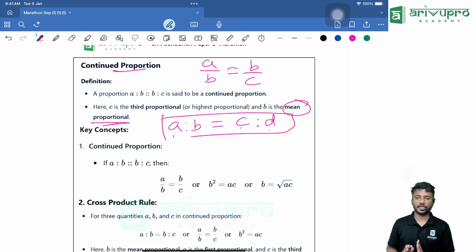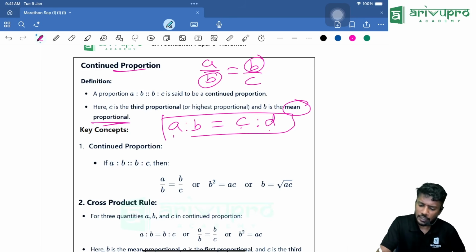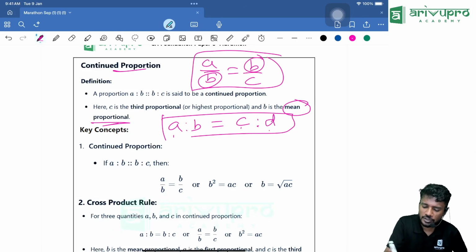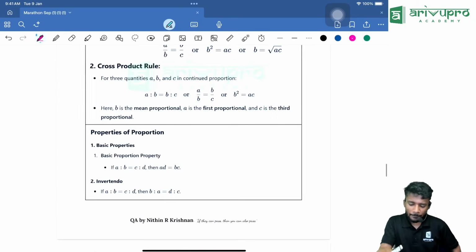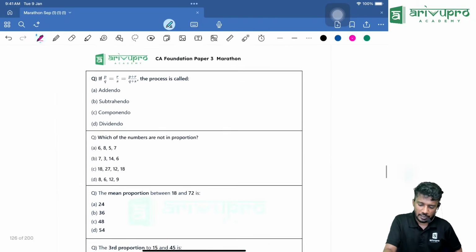Keep that in mind. Sometimes questions will be there like that. I'll show you the question also. Whenever these two are the same, A by B is equal to B by C, B is called the mean proportional. This type of proportion is called continued proportion. Now, we will go directly to a question, then I'll come back here.